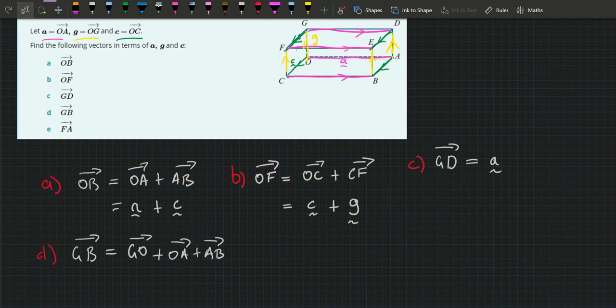Now, the other thing to remember is, so G to O is actually equal to minus O to G plus O to A plus obviously A to B. We haven't changed at all.